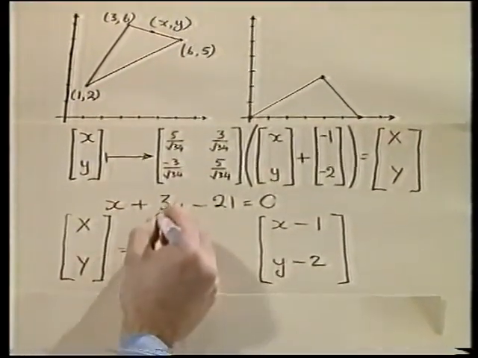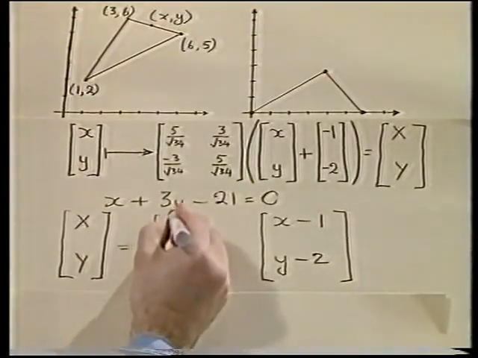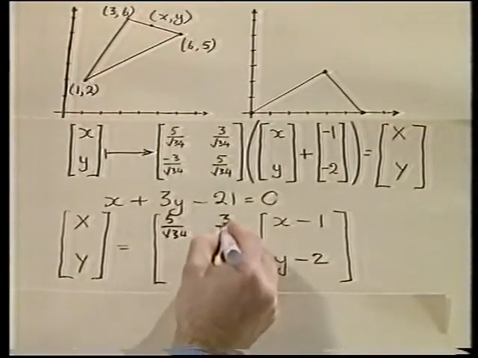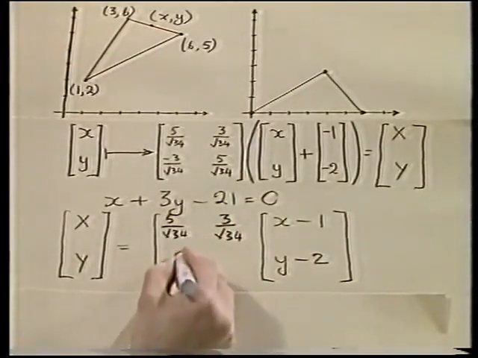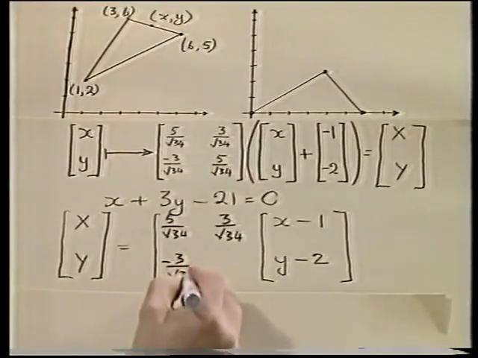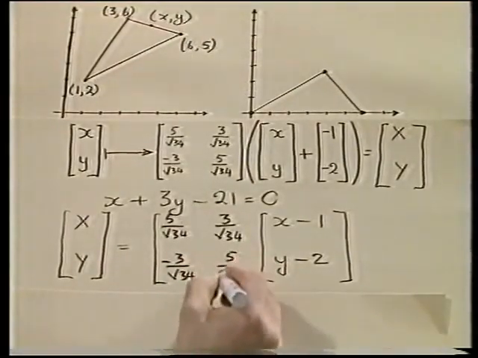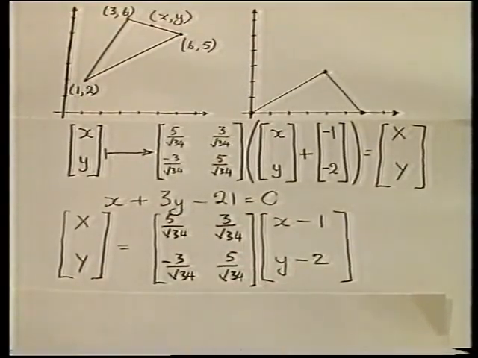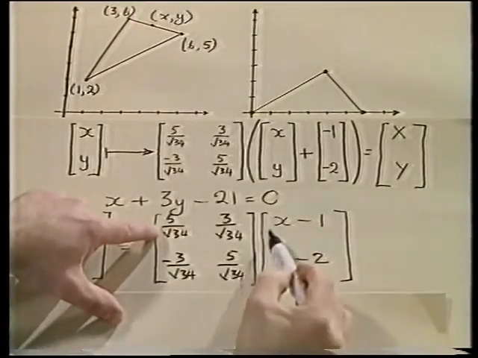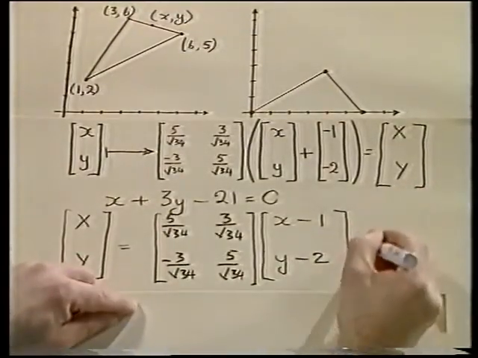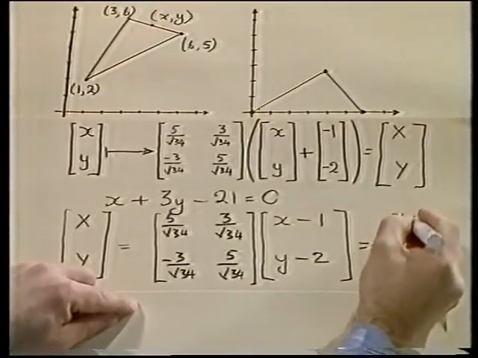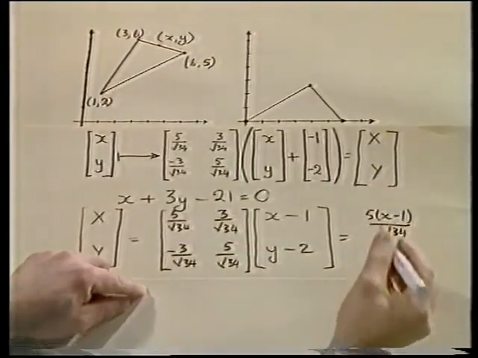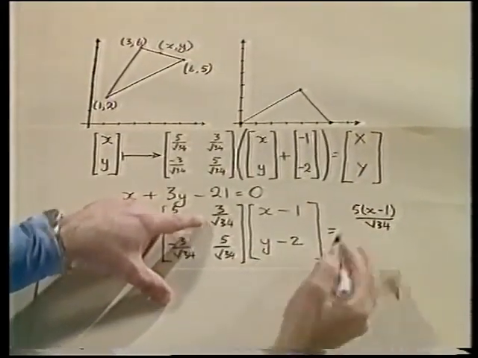So I have to multiply by the matrix 5 over root 34, 3 over root 34, minus 3 over root 34, 5 over root 34. Now if I do that, I get this times this. That's 5 times x minus 1 all over root 34, plus this times this.